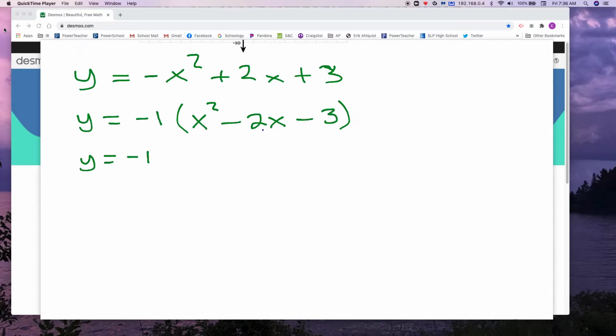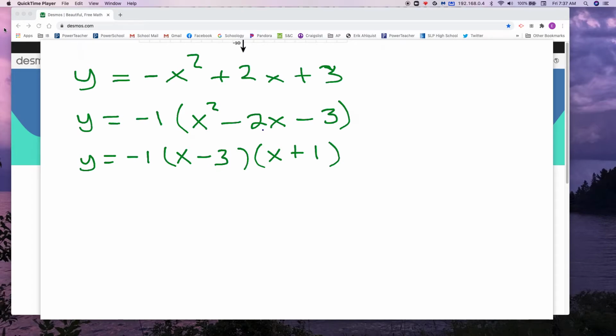You can factor it using the box method, or just knowing this is a pretty easy one. You just know that two numbers that multiply to get -3 but add to get -2 are x -3 and x plus 1. So there's my factored form.